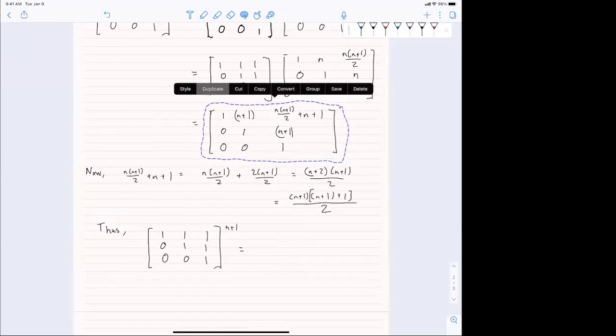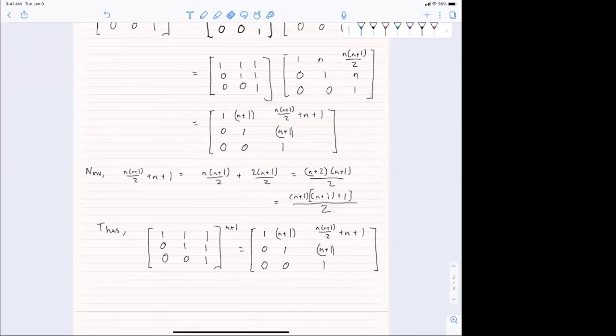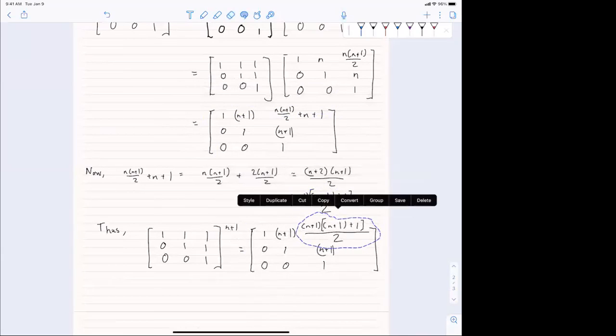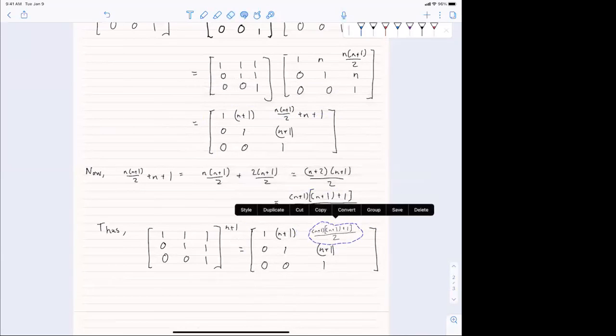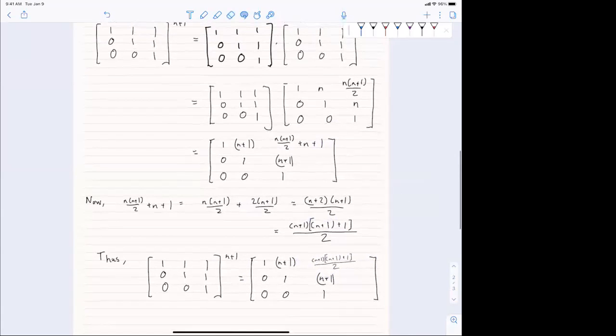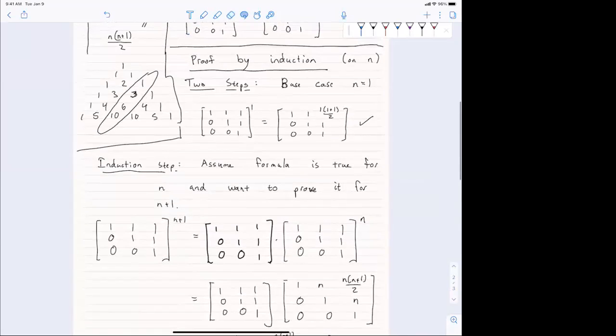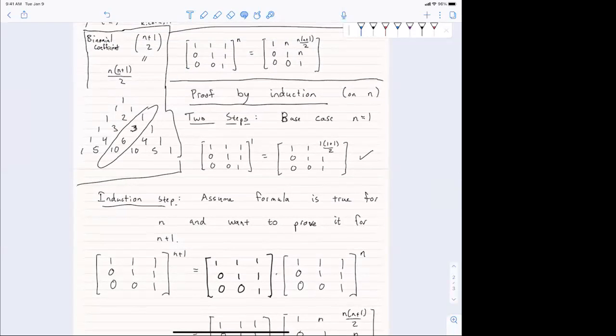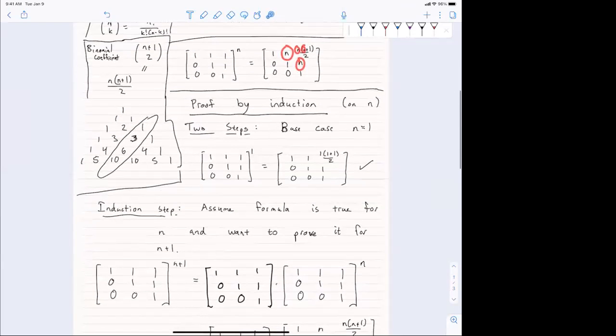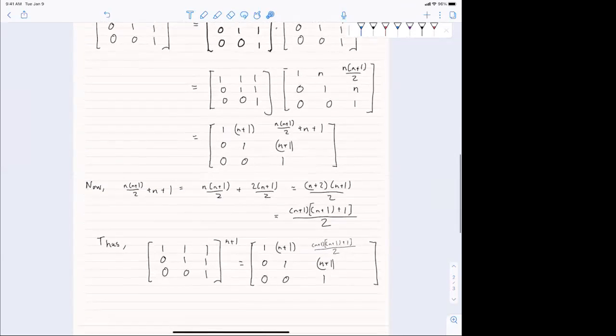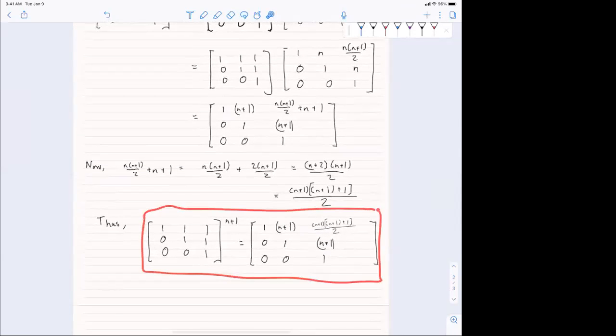Let me duplicate it, bring it down, and do that replacement. And now what do I see? When I look back up at the formula that I wanted to prove, and I replace all these n's with n plus 1, including this n, I have precisely this equation.